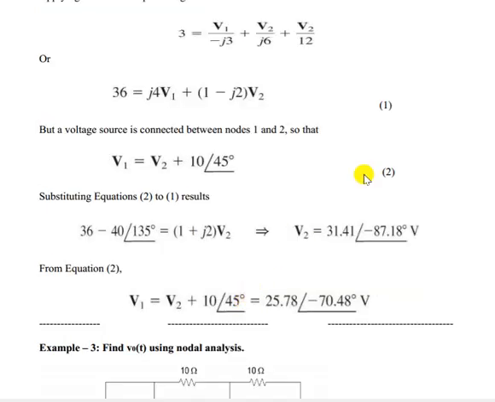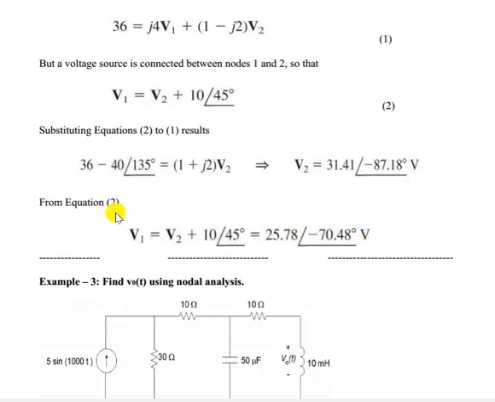We got the second equation. Now this V1 we can substitute in the first equation, then we can find out the V2 value. Then by putting this V2 value in the first equation, we can find out the value of V1. So we got the voltage values.